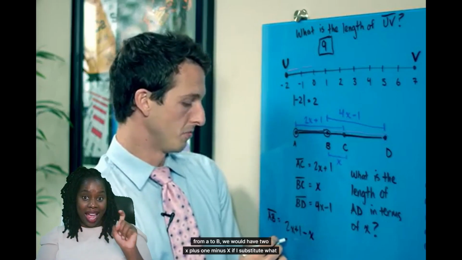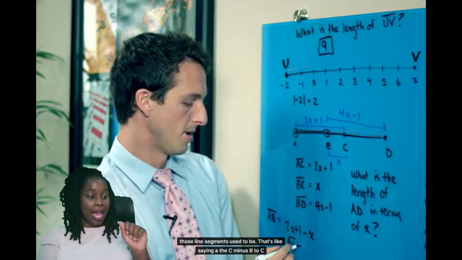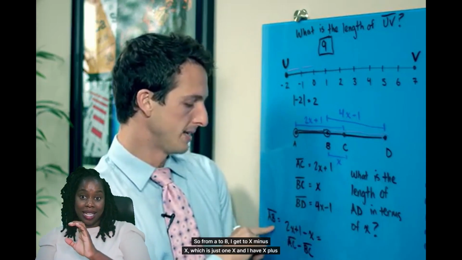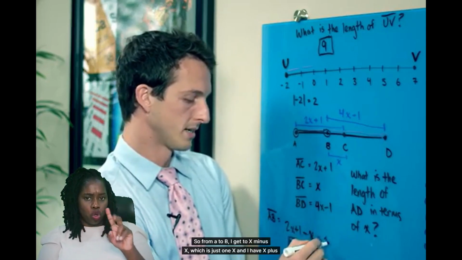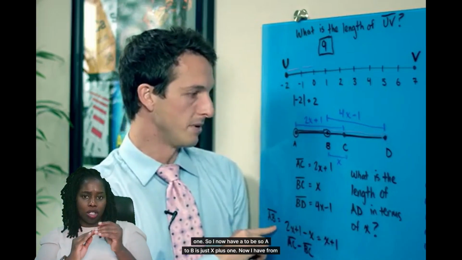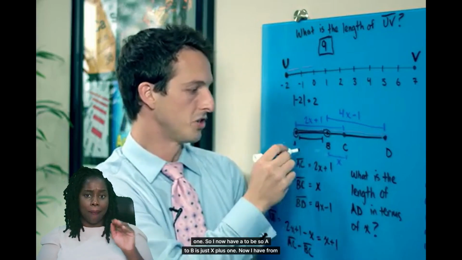If I substitute what those line segments used to be, that's like saying A to C minus B to C. So from A to B, I get 2x minus x, which is just 1x. Okay? And I have plus 1. So I now have A to B. So A to B is just x plus 1.